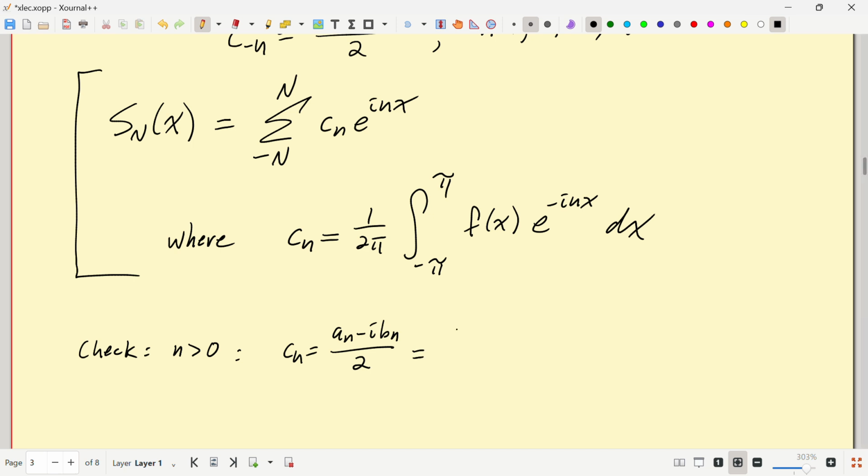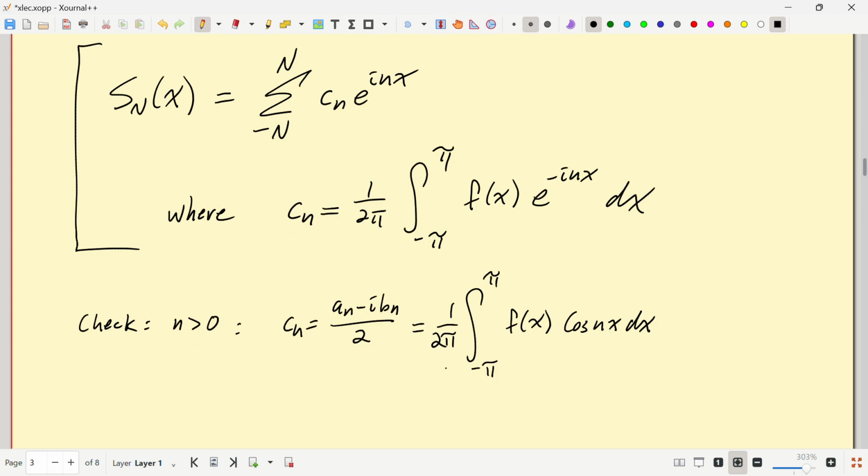That's 1 over pi, integral from minus pi to pi. The an is the integral of f against cosine nx. Let's see, we have a half in front. I'll put the 2 in front. That's where the 2 pi comes from.